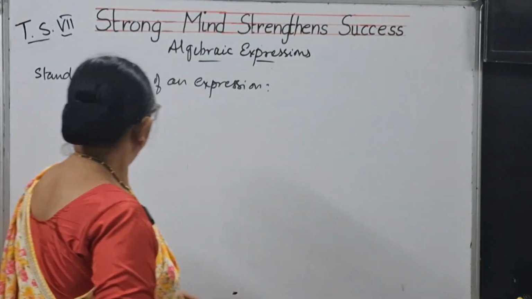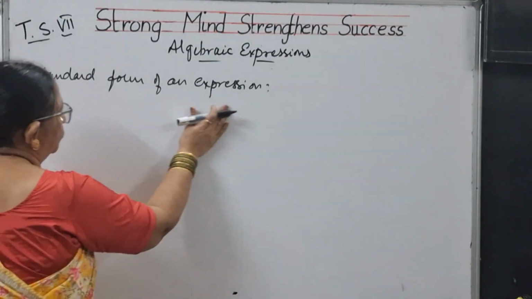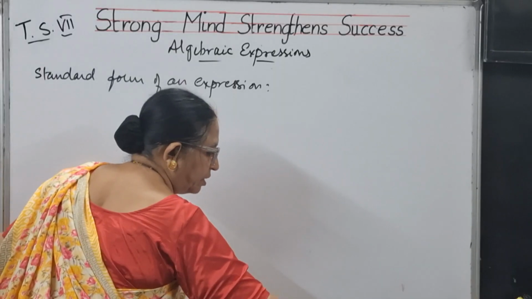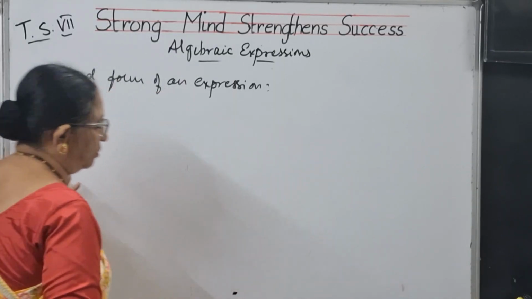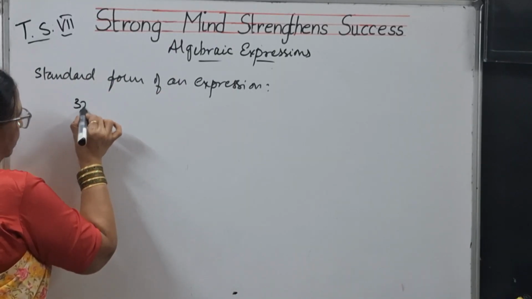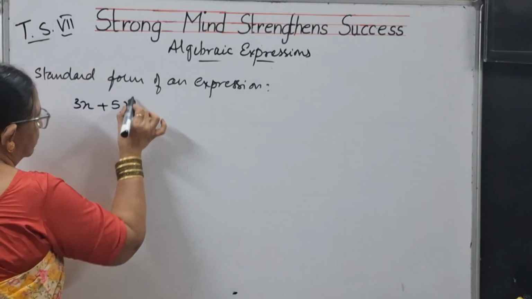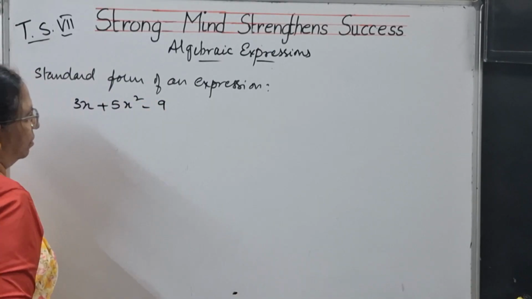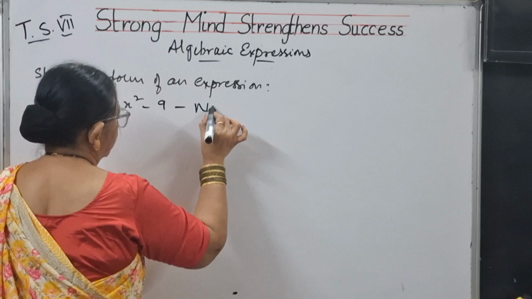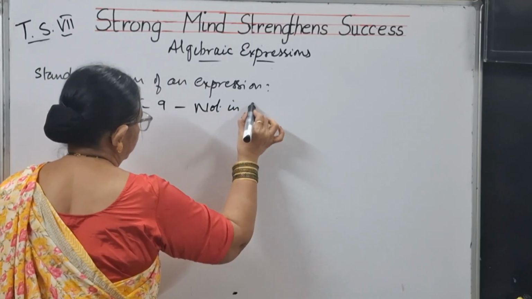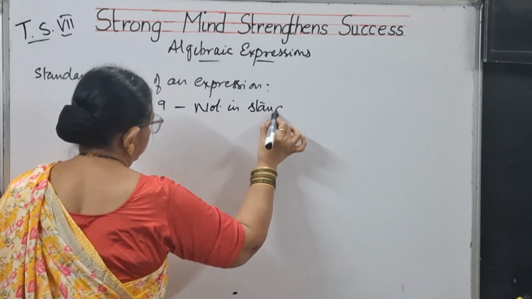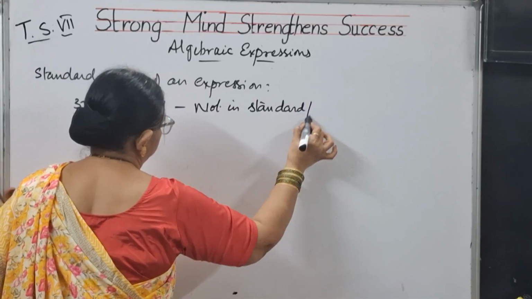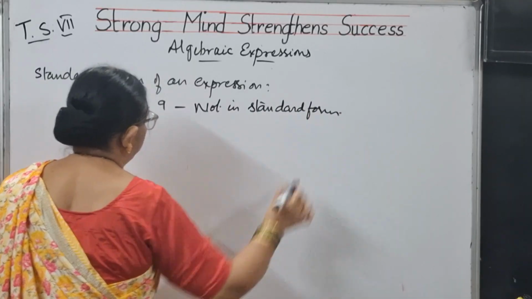Now we are going to talk about standard form of an expression. Standard form of an expression means, suppose you have got 3x plus 5x square minus 9. This is not in standard form. Why, children?